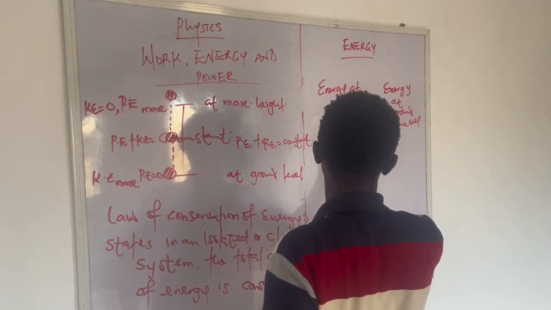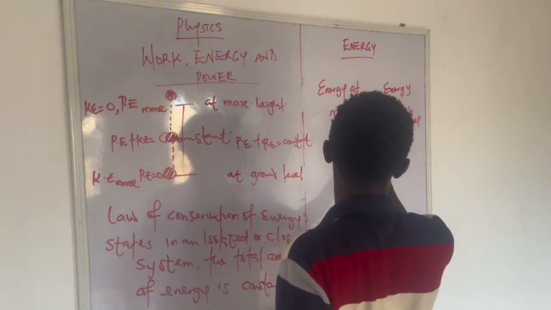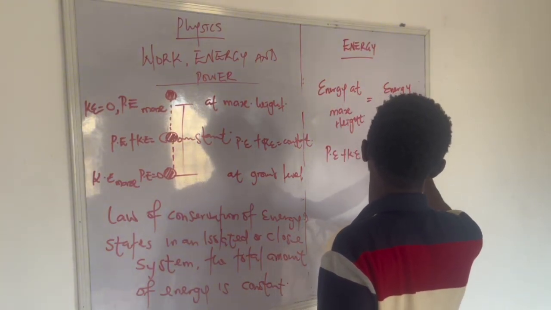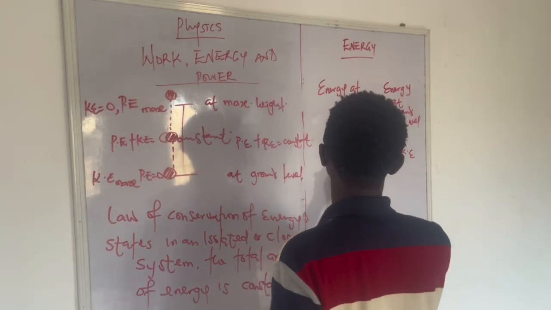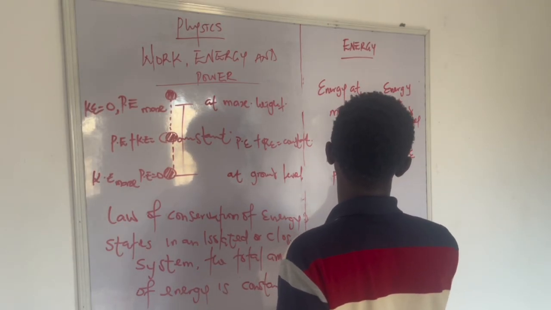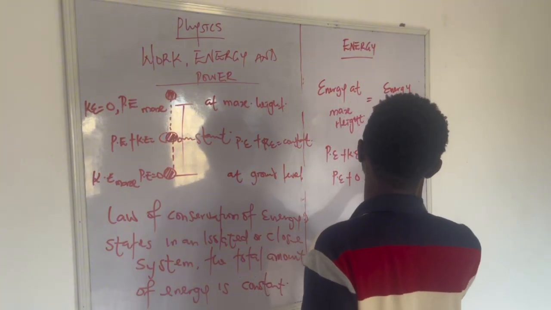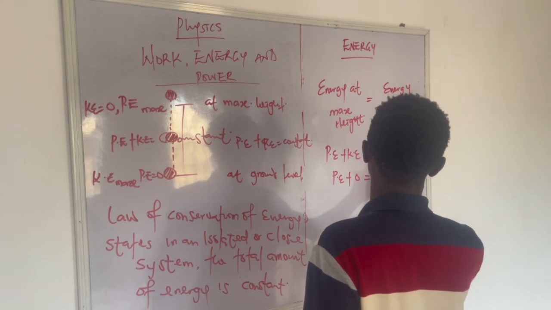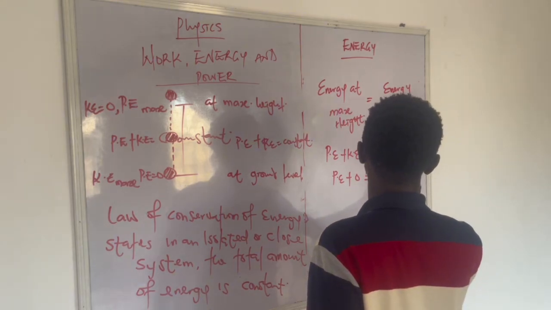So PE plus KE equals PE plus KE. Now PE is maximum, KE is 0. At ground level, potential energy also equals 0, and KE.